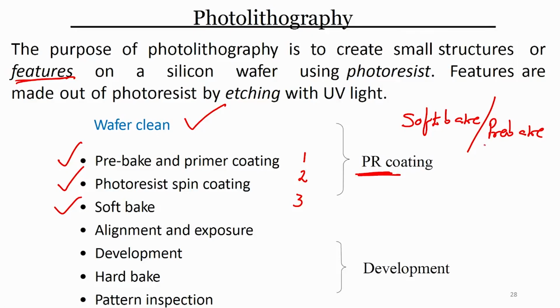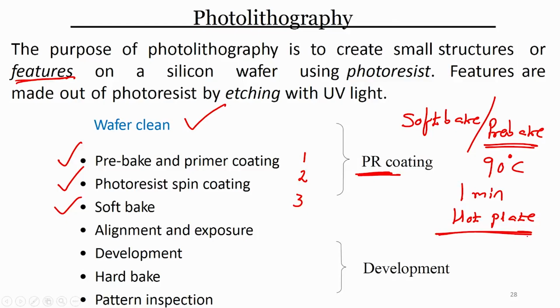Remember this word pre-bake? The pre-bake was done at 90 degree centigrade for 1 minute using a hot plate. This we discussed when we were looking at the fabrication of interdigitated electrodes in SU8. Remember this word pre-bake, pre-bake is also called soft bake.